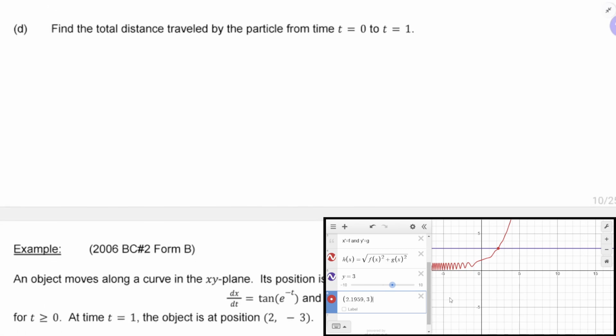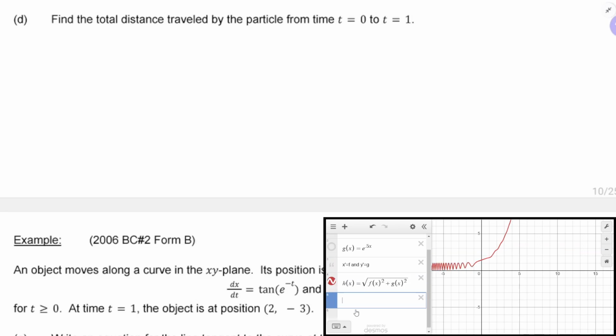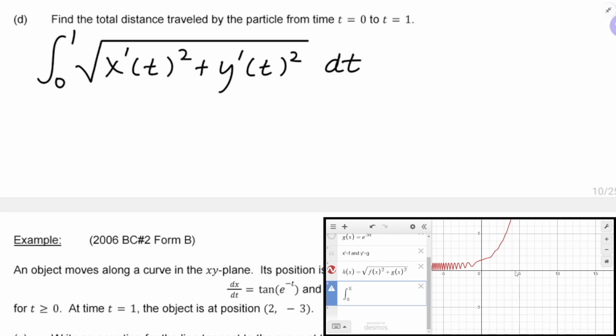And then the total distance traveled, we integrate the speed, and I've already got the speed loaded in here as h of x, so what I should do is integrate from 0 to 1 on the speed, h of x dx or h of t dt, and we're doing the same thing. Let me show you that.